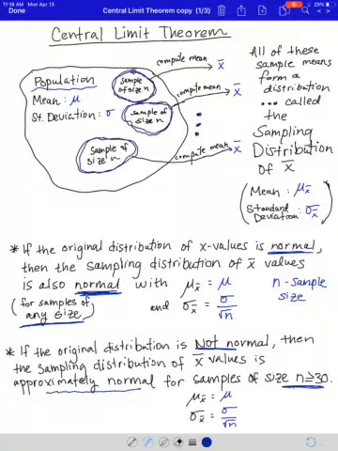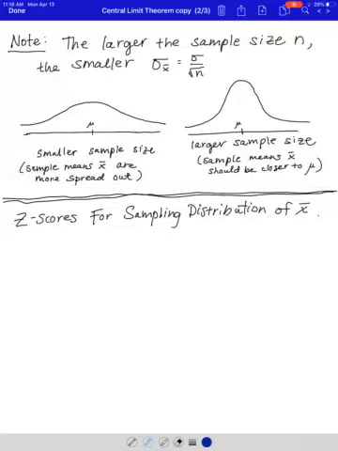Now, there's a couple of things we want to note about this. First of all, the larger the sample size, the smaller our standard deviation is going to be. So if we have a large sample size, notice the standard deviation, when n is large, what happens to this fraction? It gets smaller.